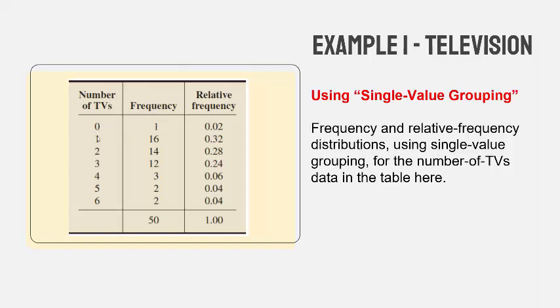Well, it was 1. How many households had 1 television? There were 16, and so on. This is what your data would look like. From here, you can easily figure out the relative frequency for each class. You take 1 divided by 50, you get 0.02. 16 divided by 50, you get 0.32, and so on. So this is single value grouping.